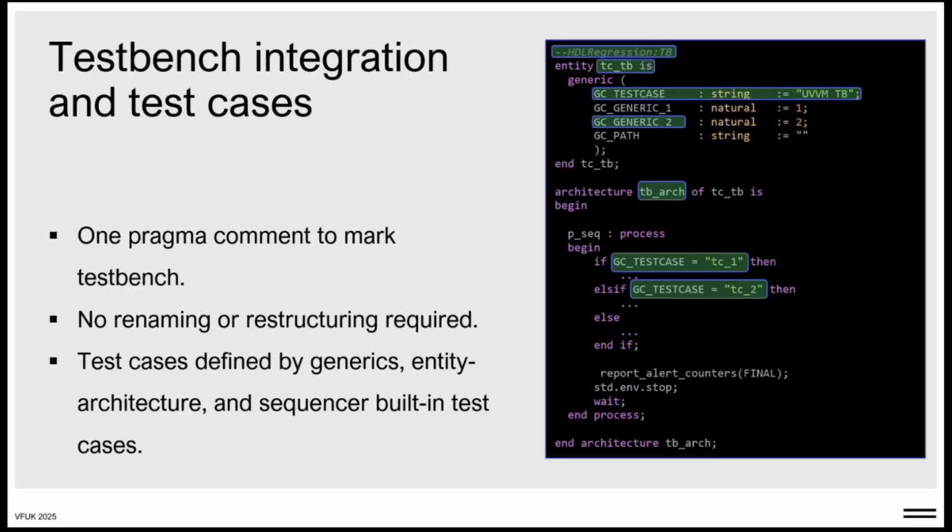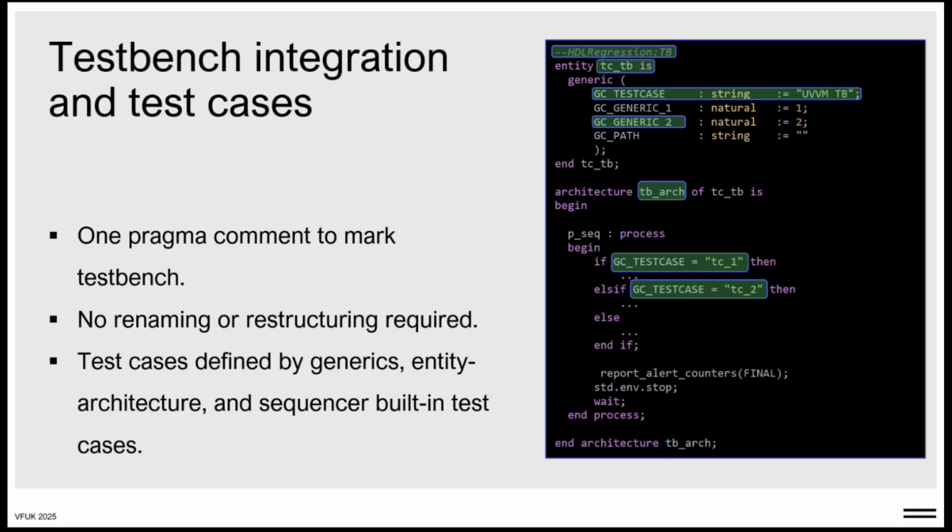The pragma is a short comment which needs to be added to the test bench entity, here shown at the top of the code. HDLRegression will now find the test bench entity and figure out the rest of the test suite.